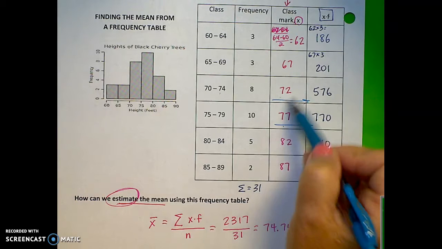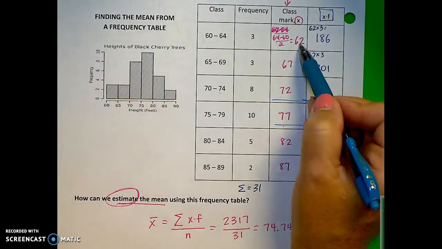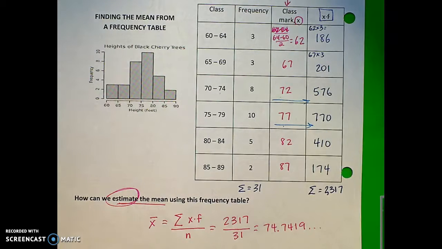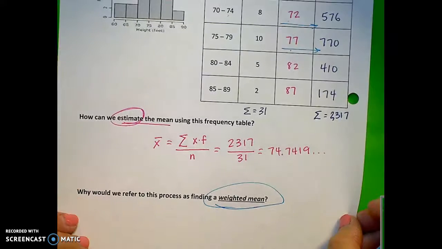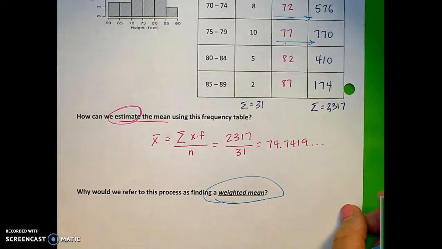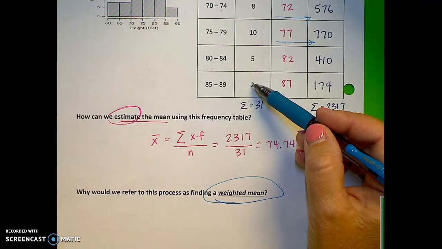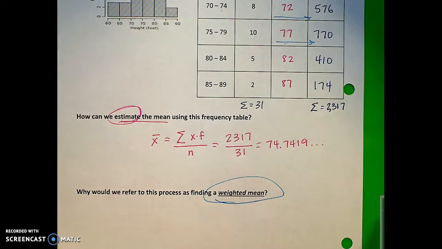We're pretty heavily weighting the 72. The 62 doesn't get weighted as much. The weighting depends on the frequency of each line item. So we refer to this as finding the weighted mean because we use a single tree height times the frequency to weight the occurrence, or to weight the frequency of that particular bar.